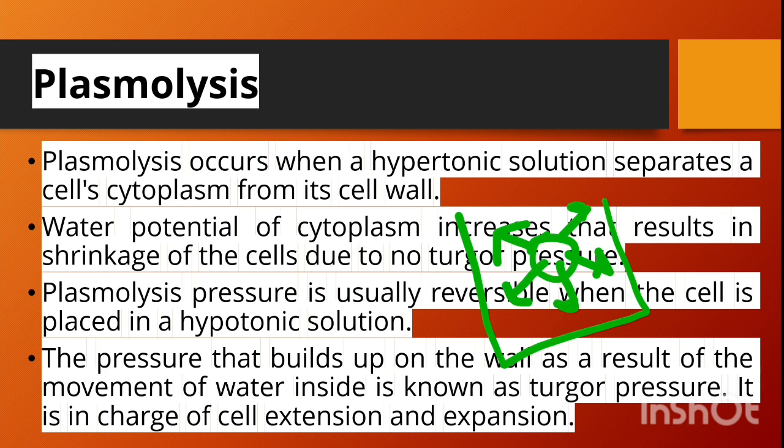When you again place that cell in a hypotonic solution, water will move in and the cell will take its original shape. It is the reverse process of plasmolysis and is known as deplasmolysis.